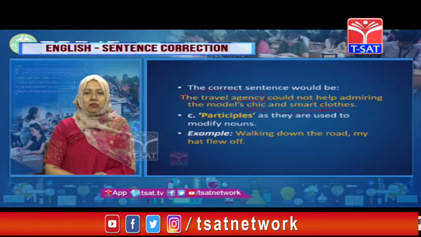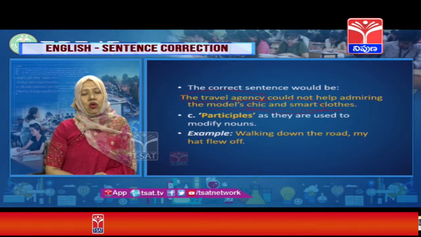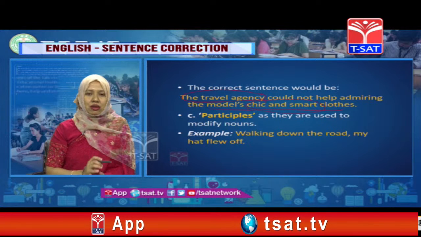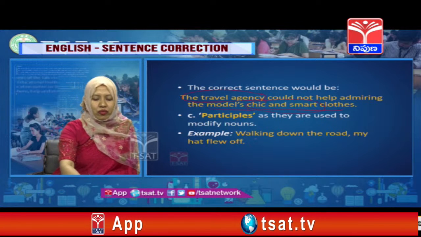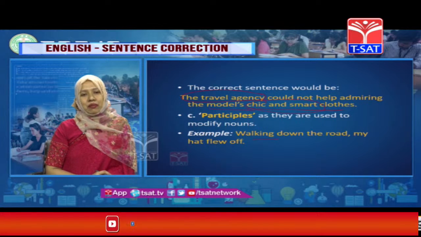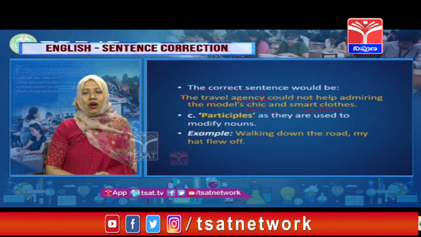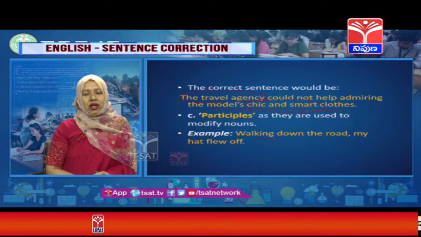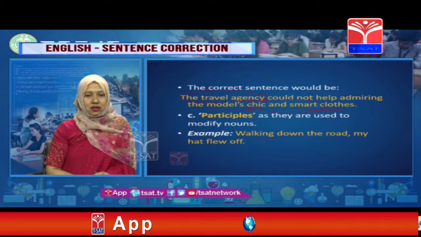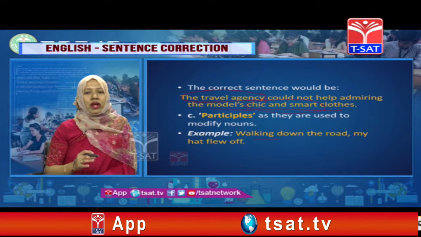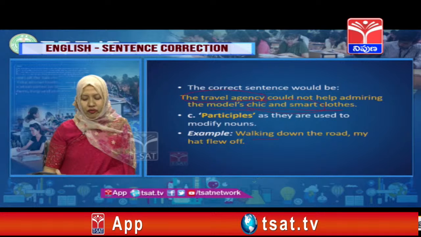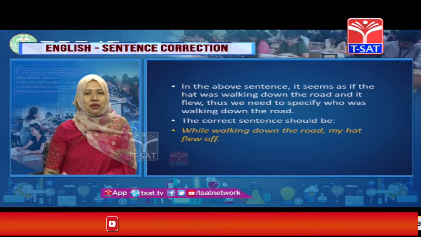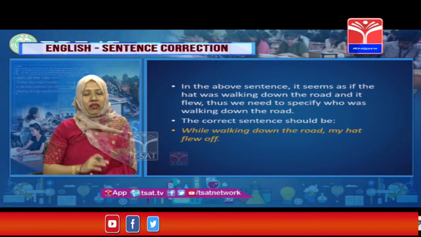Now participles are also called gerund. If a sentence or a subject starts with ing form, it is called participle or gerund. Walking down the road, my hat flew off. If you read this sentence, what does it mean?